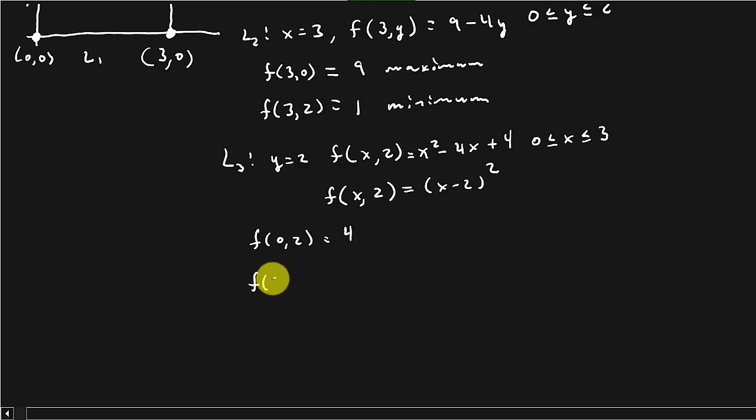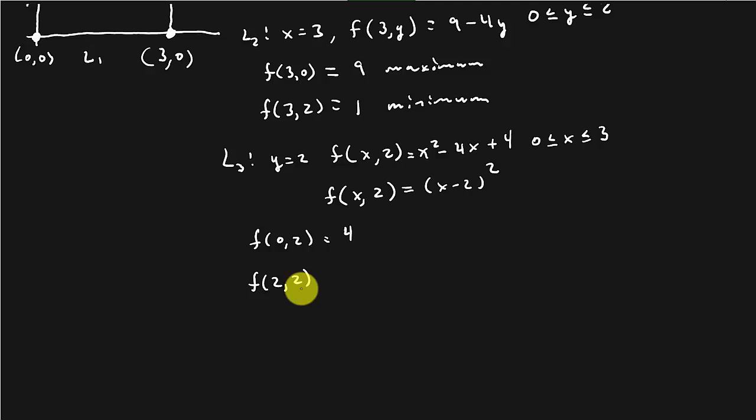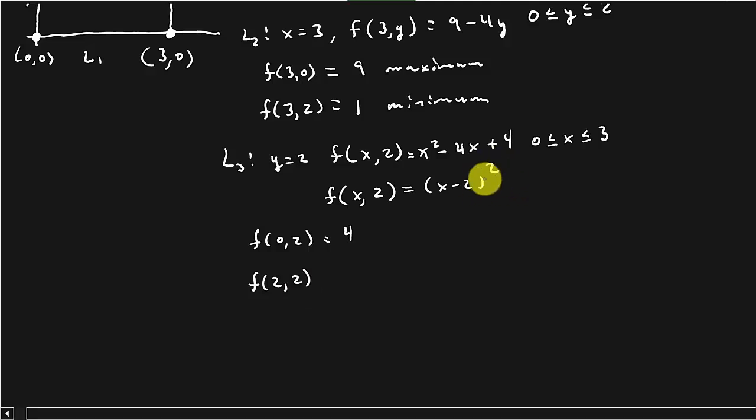And then let's plug in f of 2, 2. We know that's going to give us a 0. Could we get anything smaller than 0? No, because this is squared. So at the point 2, 2, when x is 2, that's when I'm going to get my smallest value. That's actually going to be 0. And we'll see that's a minimum.